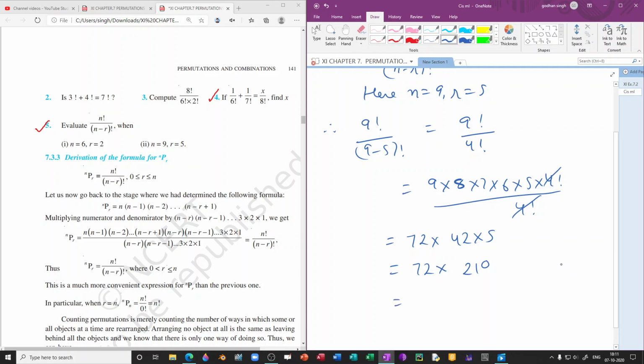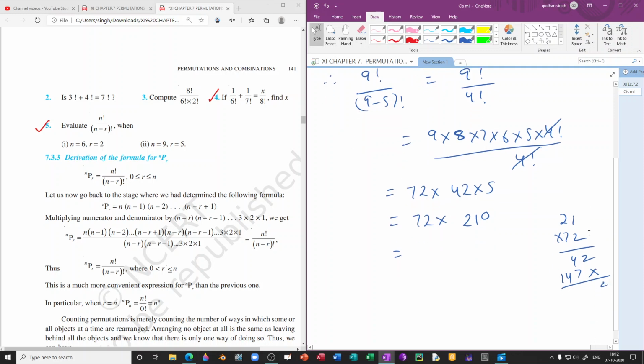Multiplying 210 and 72, that is 21 into 72, we get 1512, and the 0 is here. So 15120.